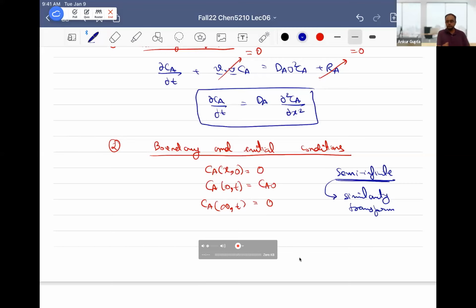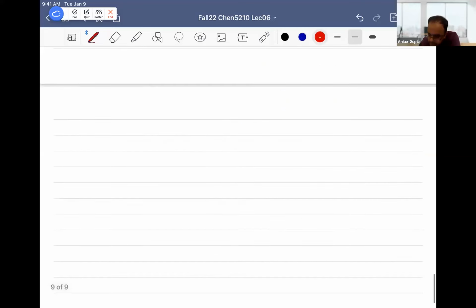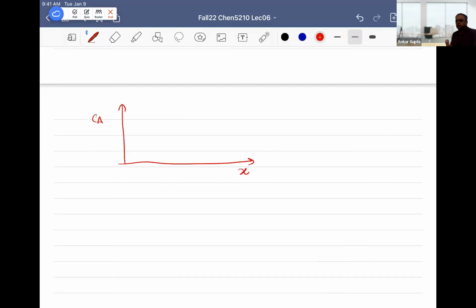Okay. So let's sketch concentration profile. Okay? So concentration profile with X for different times. So what's it at T equal to 0? It's 0, right? We just discussed the initial condition is 0. So it's something like this. But as soon as T equal to 0 plus, I know this concentration is Ca naught, right?